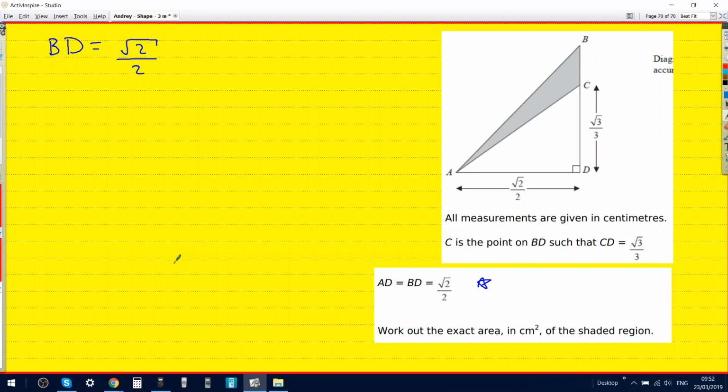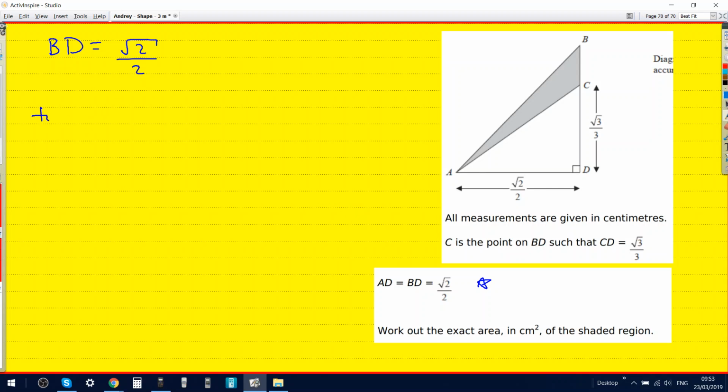For the area, or oh no. Do I just need to work out the area of the triangle at the bottom, the white one, and then I just take that out? Oh no. I need BC to be able to work out the area of the whole triangle. You're told that BD is root 2 over 2, so it's an isosceles triangle. So, do I need to work out the area of the whole triangle, and then of the white triangle, and then that's it.